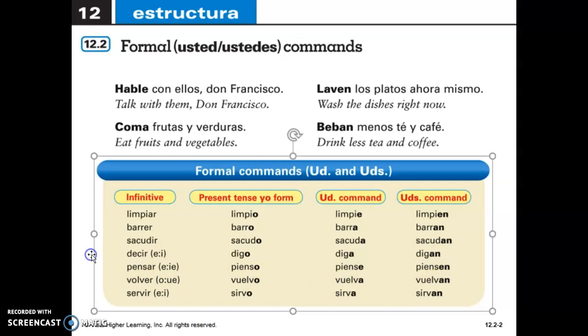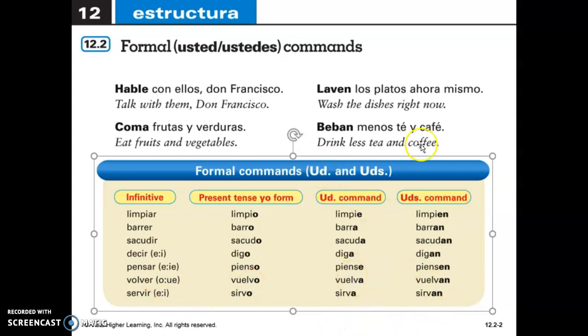So in here you can see that decir is a stem changing verb, and we can see that that irregularity or that change still remains in the command, okay? Pensar, same thing, another irregular or stem changing verb, and then we're going to see that change over here as well. Piense, piensen. Volver, vuelva, vuelvan, servir, sirva, sirvan.